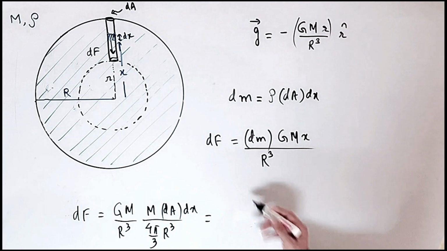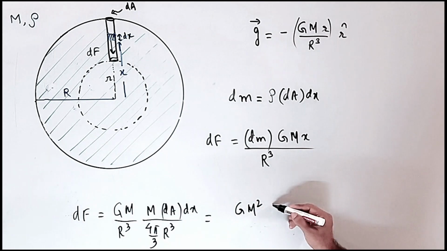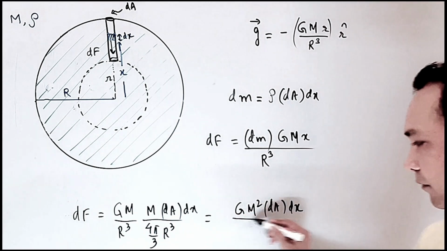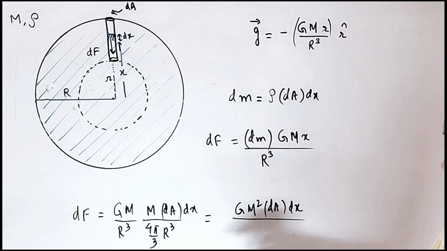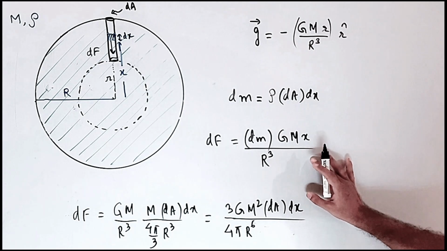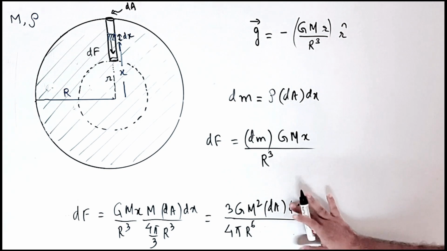So that will become 3 G M squared dA dx, taking the 3 in the numerator, upon 4 pi R to the power 6. All right, is there any expression of x? There was some expression for x also: GMx it was. So there will be an x here.